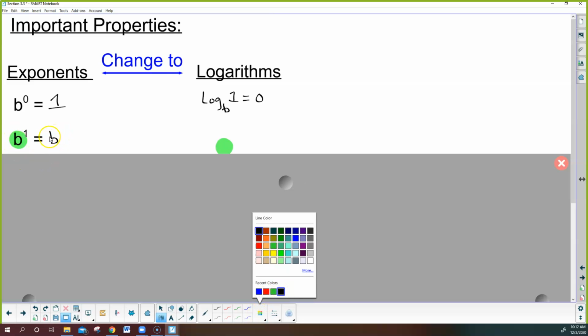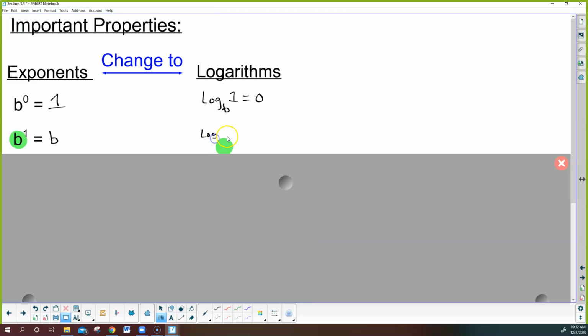B is equal to b, but I just want to notice the position. So what is my base? My base is the green b. And if I change that over, this is the log of base b of the answer here, which was b, is equal to 1. Well, what does that mean? That means if I ever see the log of a number with the same base, its answer is always 1.